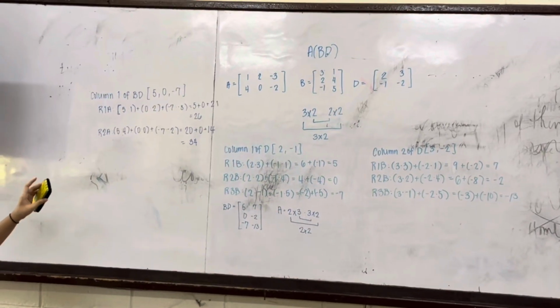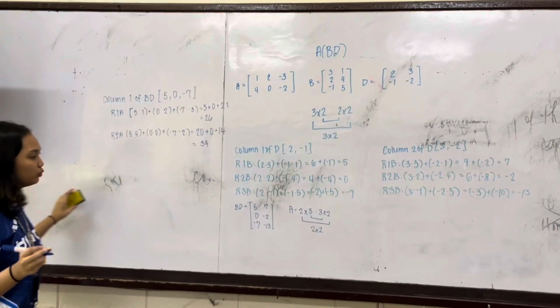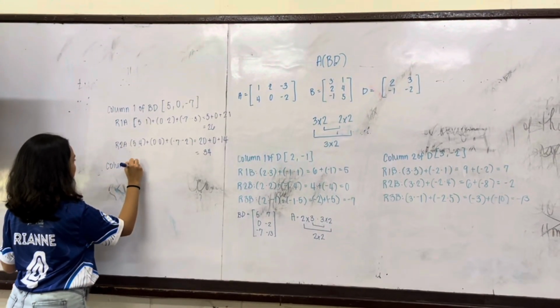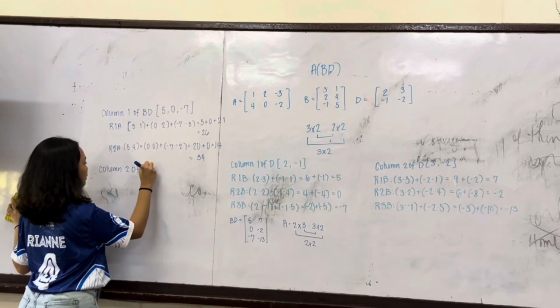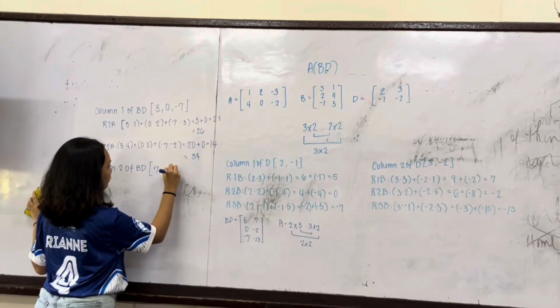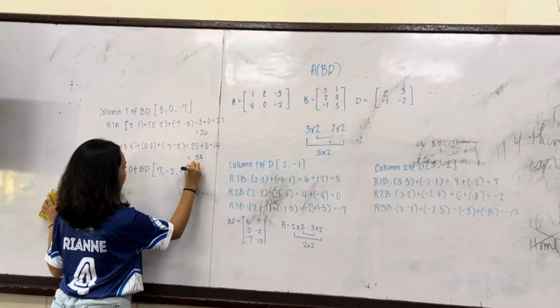Now we do the same, or we copy column 2 of BD, which has the values of 7, negative 2, and negative 13.